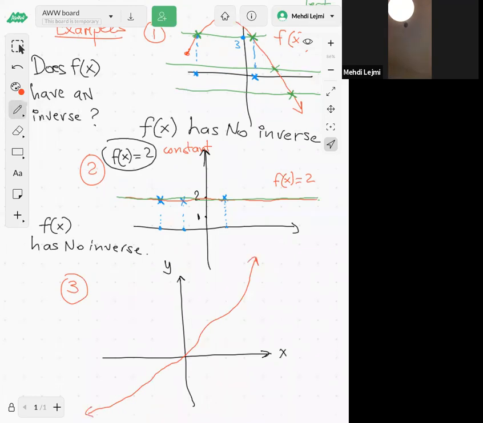So let's say this is my f of x. And in this case, of course, take any horizontal line, it's gonna intersect the graph at exactly 1 point. Right, just 1 point. So yes, Rabiul, absolutely. So this function f has an inverse.